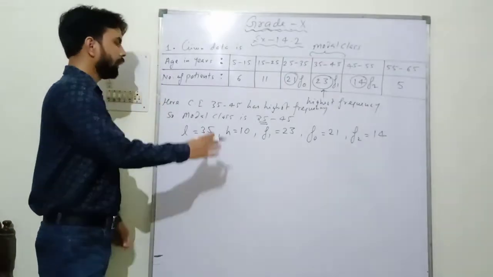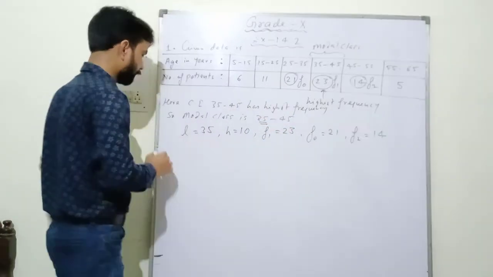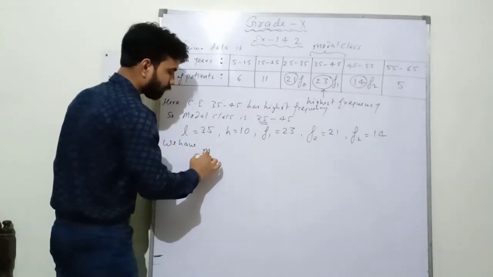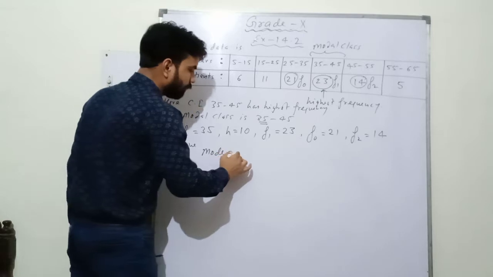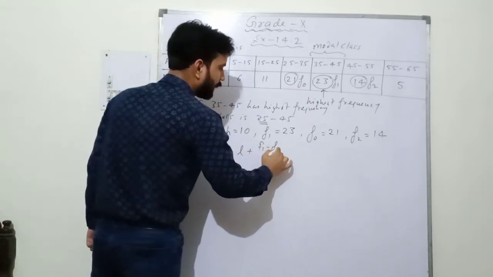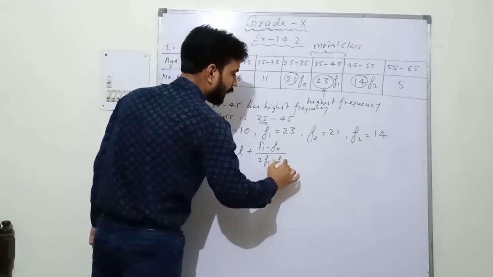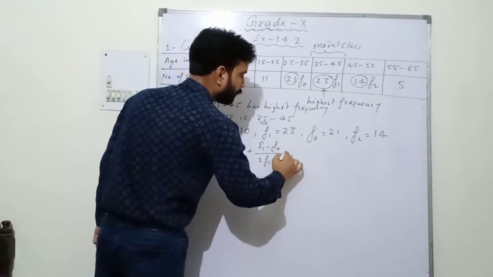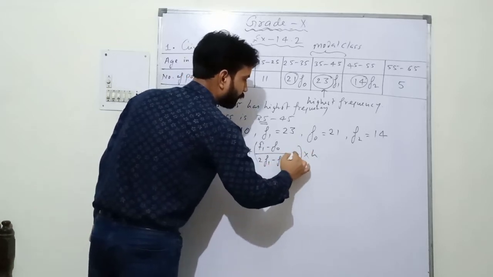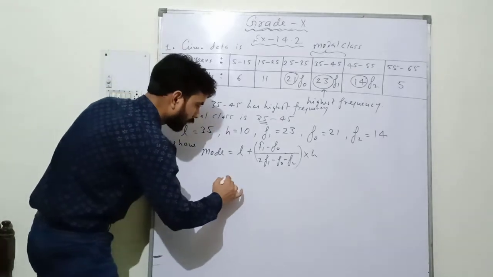Now we will put all these values in the formula of mode. Now we have the formula of mode. Mode equals L plus (F1 minus F0) upon (2F1 minus F0 minus F2), into H. Clear? Now substitute all the values.